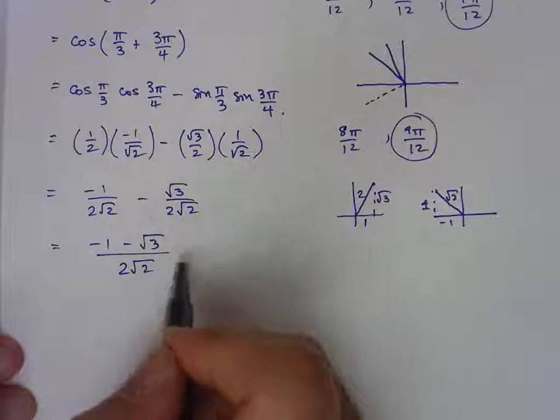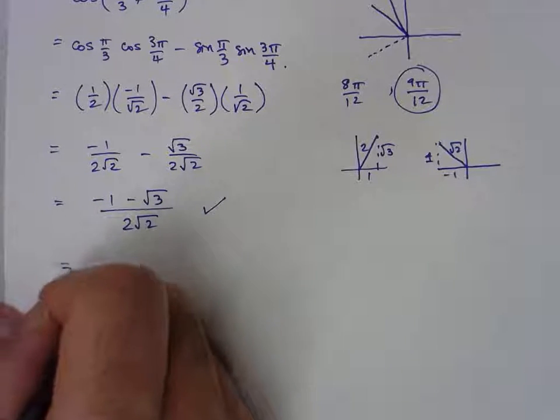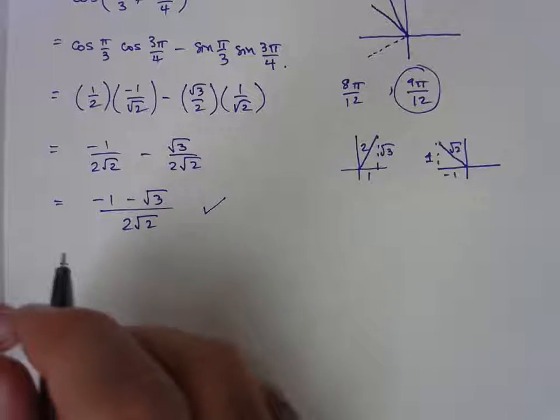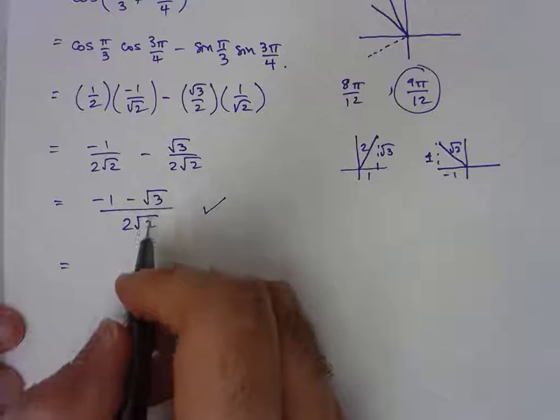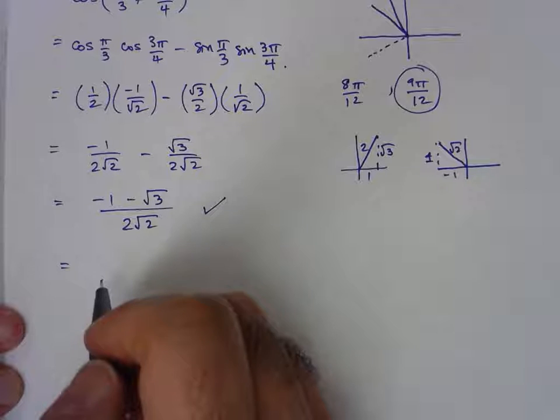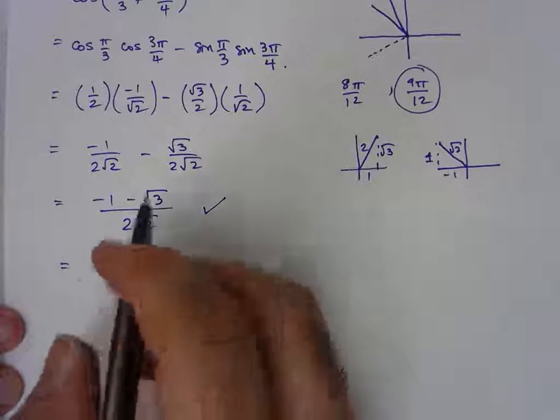Now, I'm okay if you leave your answer in this form here, but say you did want to rationalize it or you want to compare it to the answer in the back of the book. Let's go ahead and do that as a reminder. Okay, so in order to rationalize this, you need to get rid of the square root in the denominator, and we're going to do that by multiplying both numerator and denominator by root 2.